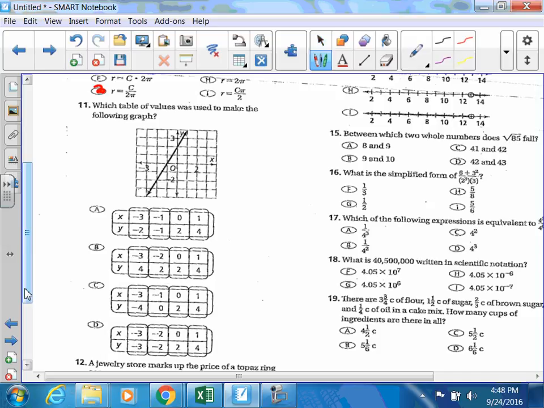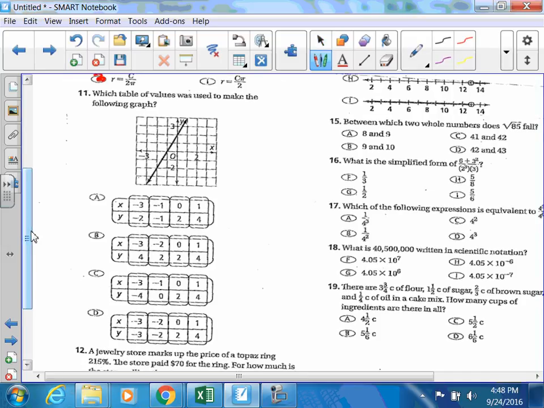Which table of values represents the graph above? So, okay, let's see here. What are some points that we know? This ordered pair right there is 0, 2. This ordered pair up here, I believe, is 1, 4. This ordered pair right here is negative 1, 0. This one here, what's that ordered pair? We're going to go over negative 2 and down 2.